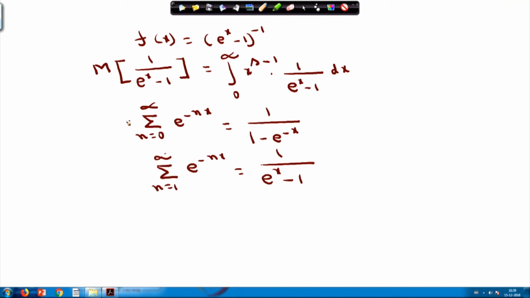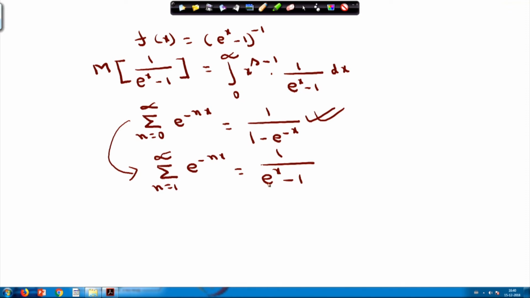From this I can write down this. So, I am using this property that summation n equals 0 to infinity e power minus n x equals 1 by 1 minus e power minus x, and from here I can write down summation n equals 1 to infinity e power minus n x equals 1 by e power x minus 1.